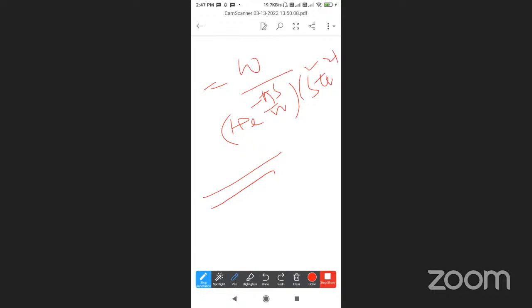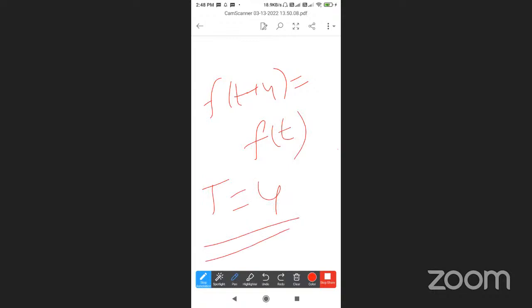Now another periodic function problem. Listen to me, these are periodic function problems. In Example 18, f of t plus 4 is equal to f of t, so the period T is equal to 4. What is the function given? f of t is 1 and minus 1 for 0 less than or equal to t less than 2, and 2 less than or equal to t less than 4 respectively. This is the function in the problem on page number 194.